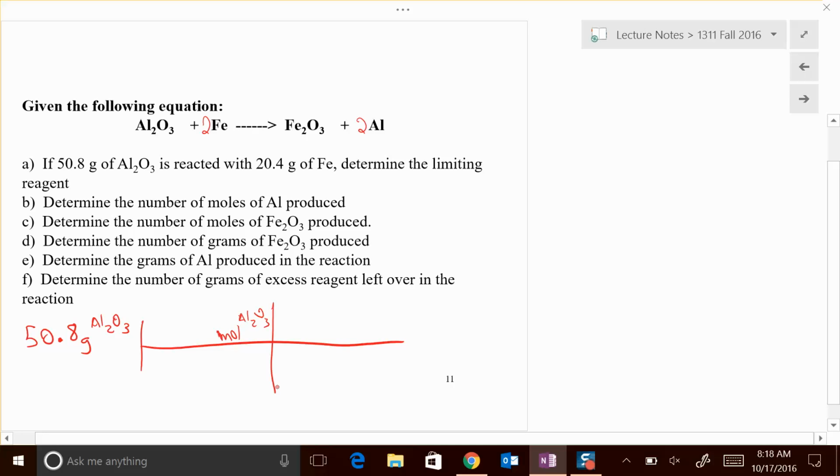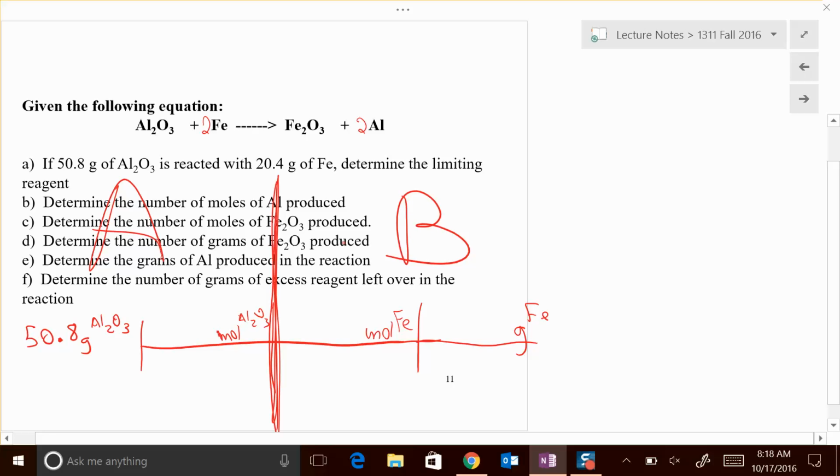Now, when you look at these stoichiometric problems, what I hope you're seeing is that there's basically a side A and a side B to this. If I divide this thing in half, this is side A, this is side B, right?